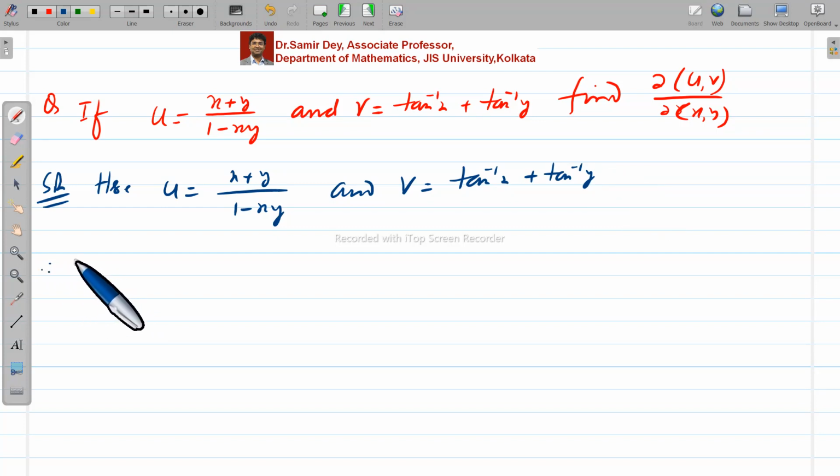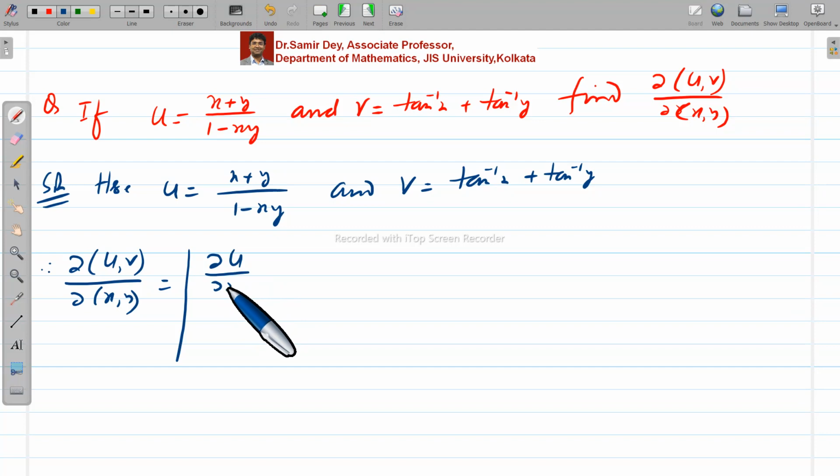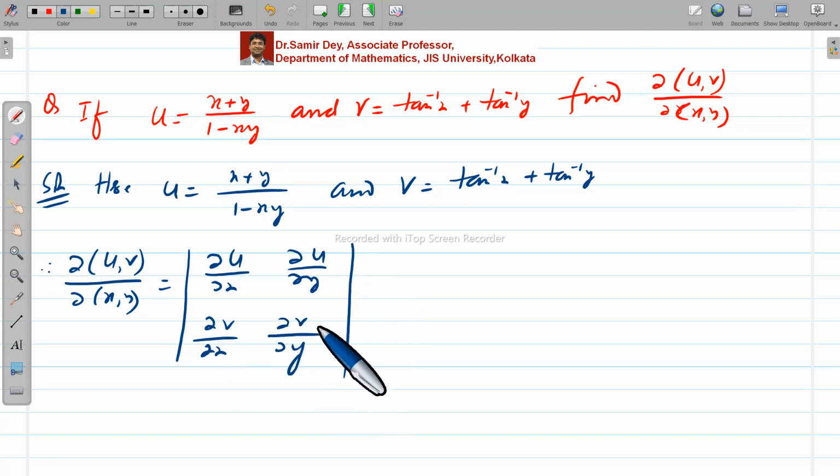So therefore del uv by del xy is equal to the determinant del u del x, del u del y, del v del x, del v del y. So these are the four unknowns you have, correct?